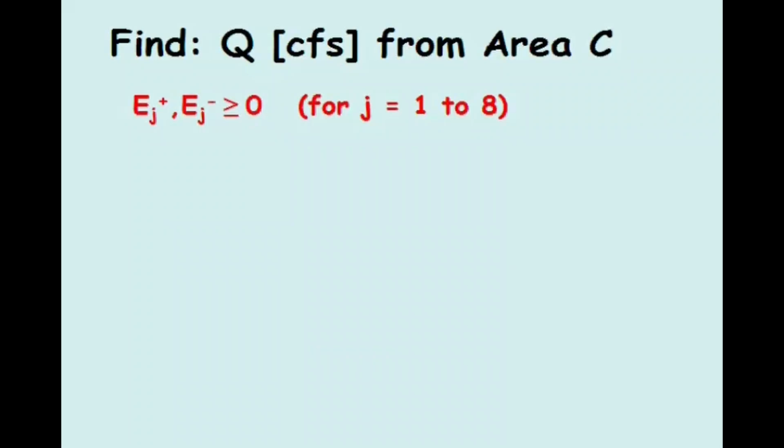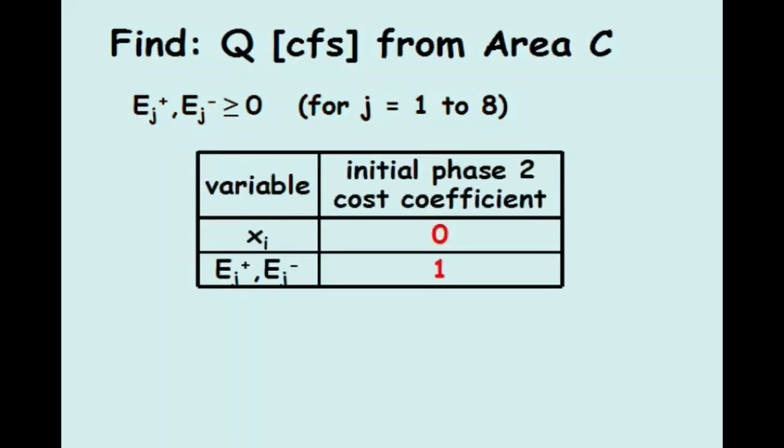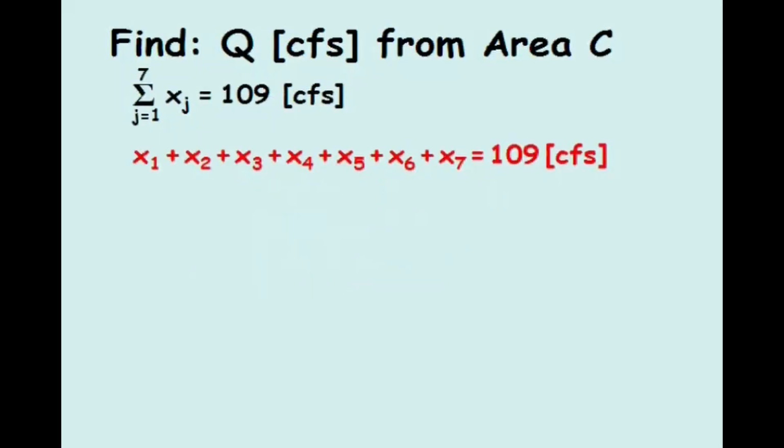Once the network tableau is set up, we'll assign positive phase 2 cost coefficients to all error terms EJ plus and EJ minus, so that the simplex algorithm will seek to minimize the sum of the error terms. Since there is no error term in the water mass balance constraint, the sum of the runoff flow rates from all 7 areas will equal exactly 109 cubic feet per second.